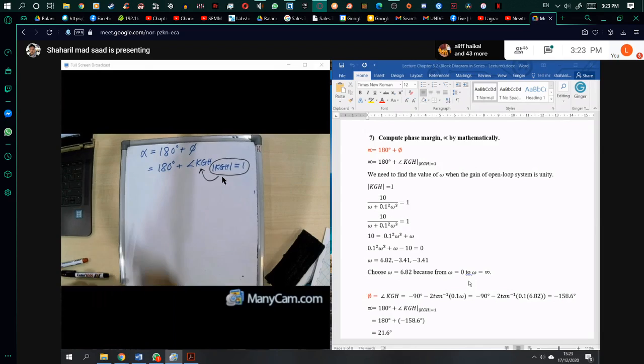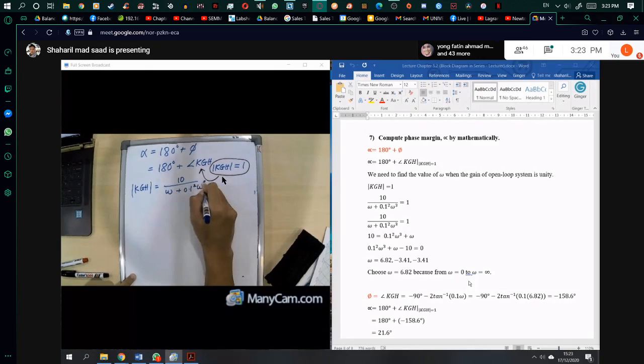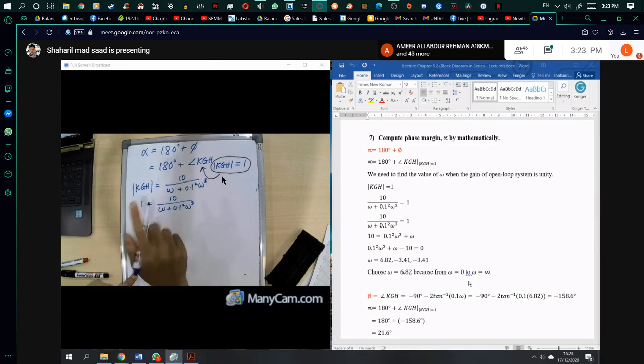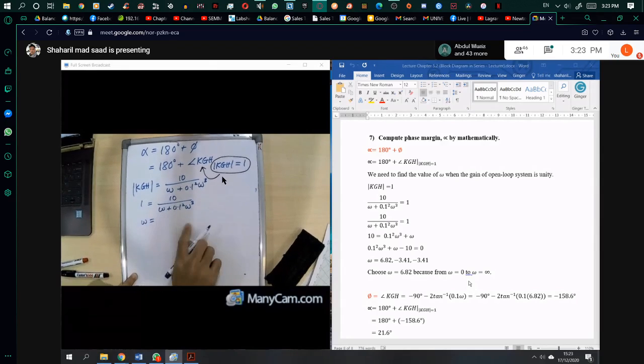Okay, so kgh, the magnitude, we got is 10 omega plus 0.1 squared and omega cube, and replace kgh equal to 1 here, 1 equals 10 omega plus 0.1 squared cube. Then you solve it, you get 3 values of omega: 6.82, minus 3.41, minus 3.41.